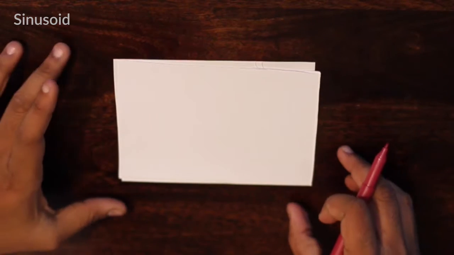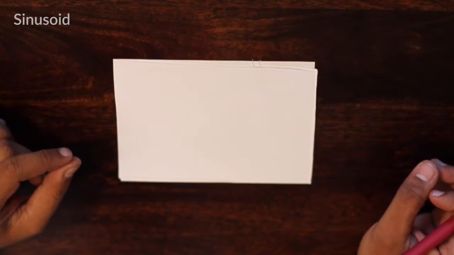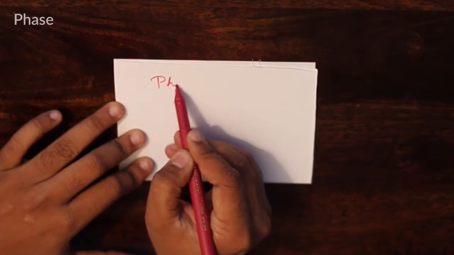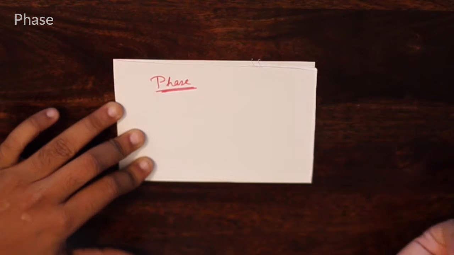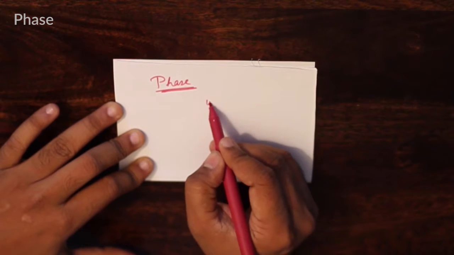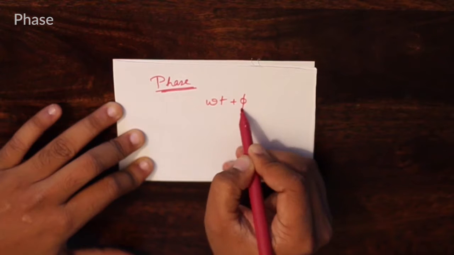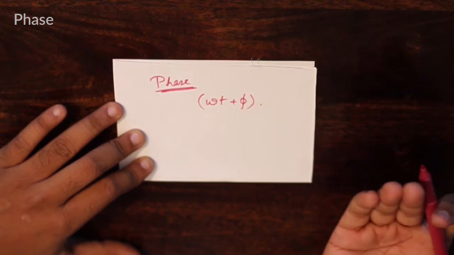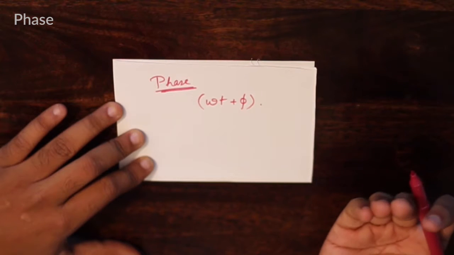So here we've observed that the angle in the sine is what really matters, and that is given the name phase. And this portion, the omega t plus phi, clearly tells us what part of the SHM the bob is in.